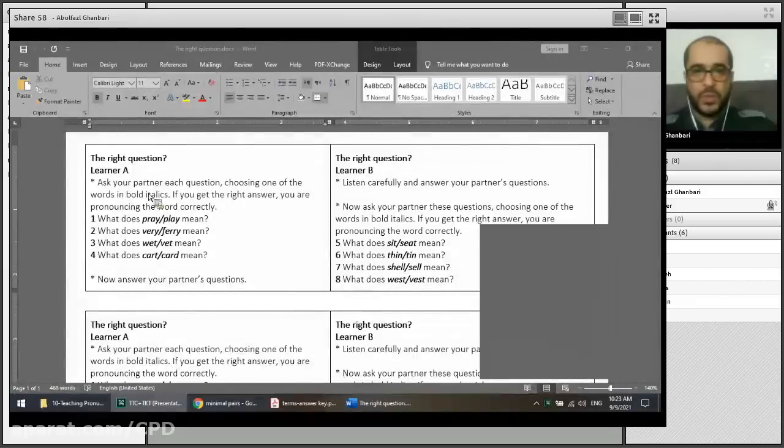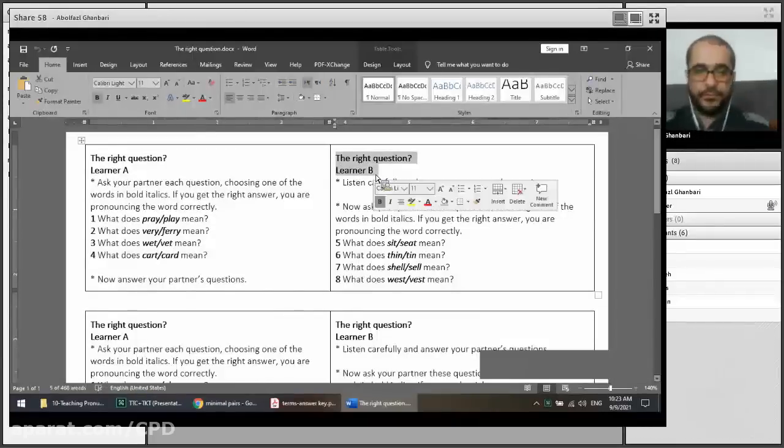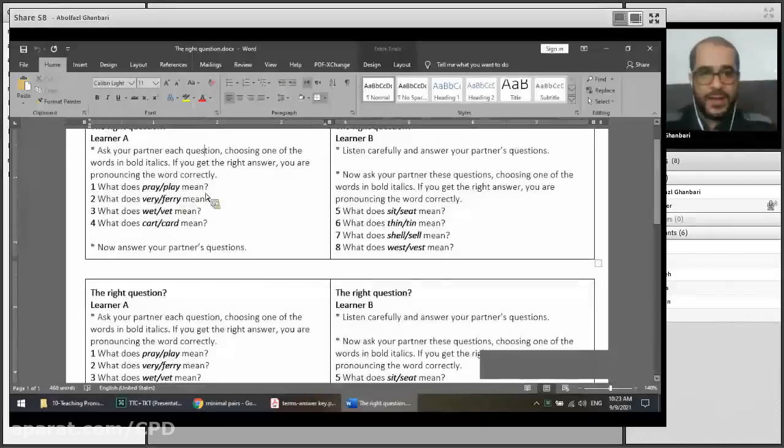You can write questions like these ones, in two parts, one part for learner A and one for learner B, and give them to work in pairs. You should ask your partner, what does pray mean? If you can understand, you should define it. But if you do not understand it, you can say, play or pray?